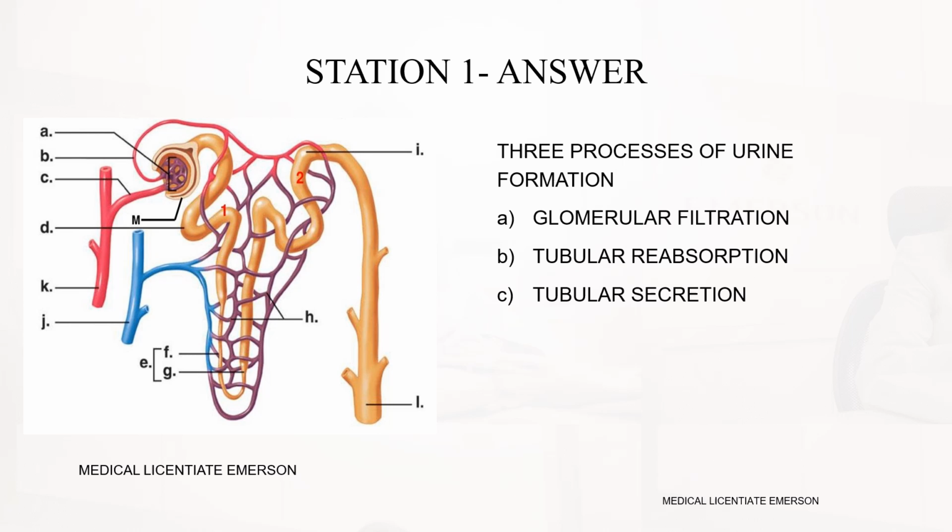Okay, then under tubular secretion, there are some molecules which do not necessarily pass through the glomerulus, so these ones need to be secreted directly into the convoluted tubule. So molecules such as the hydrogen ion, especially maybe for someone having acidosis, that acidosis is going to trigger a tubular secretion of hydrogen ions into the convoluted tubule, or even just normally, in order to maintain the acid-base balance, the body also makes sure the hydrogen ions are being secreted into the convoluted tubule.